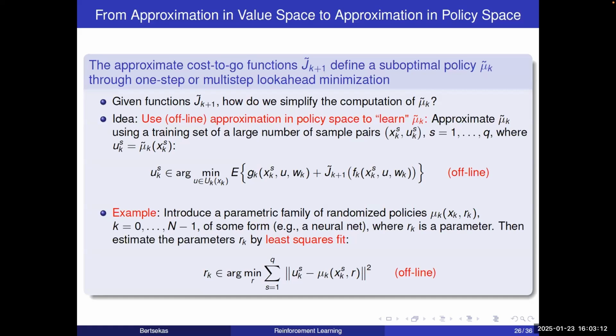Question: to train an approximation to the policy, we need somehow a policy, because when you collect the samples. Yeah. Here, the whole point is that given this J tilde, we want to mimic this policy mu tilde, which is obtained by approximation with one-step lookahead, let's say.